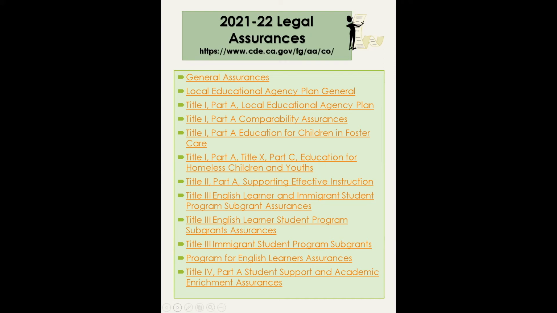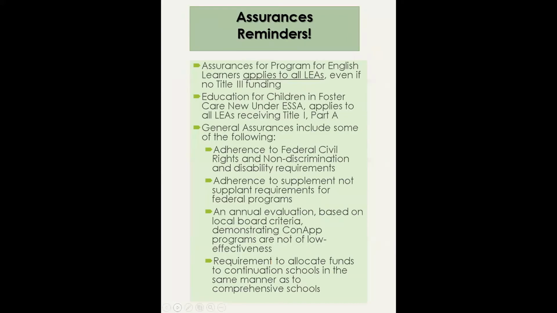Some of them, just a few reminders on the next slide, are legal assurances that sometimes get forgotten or surprise people. For English learners, just a reminder that your English learner requirements apply to all LEAs, even if you don't get Title III funds. There are assurances in the general assurances that apply to all.